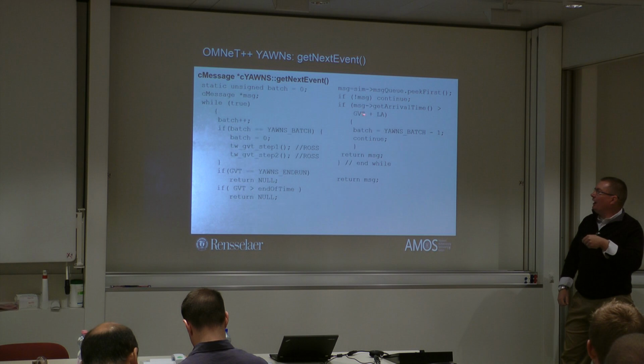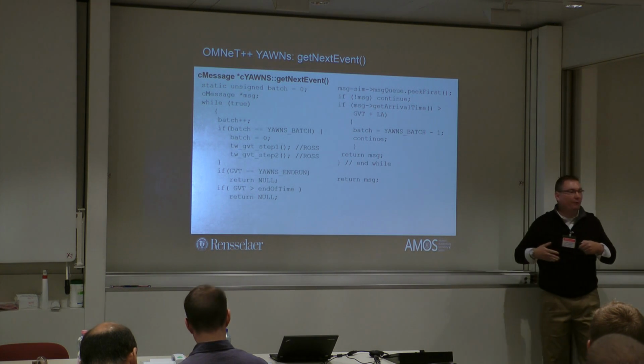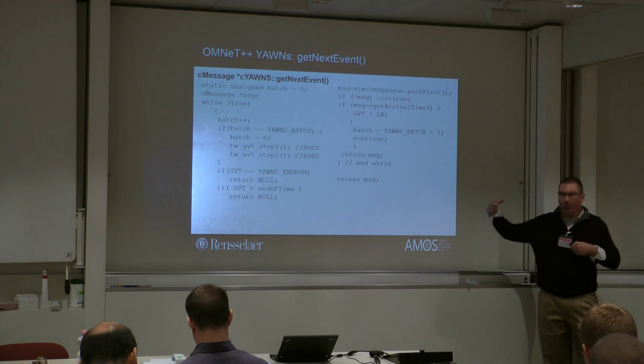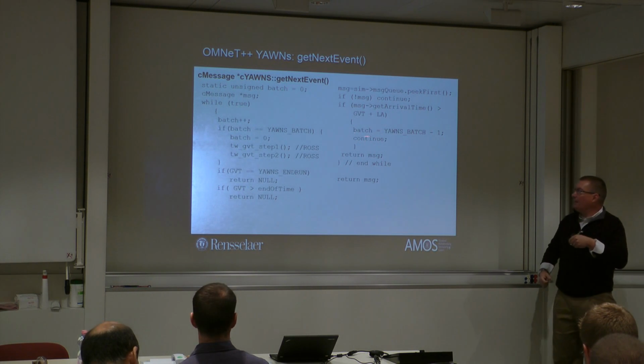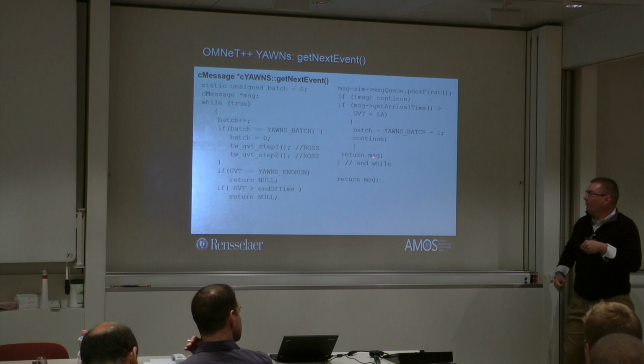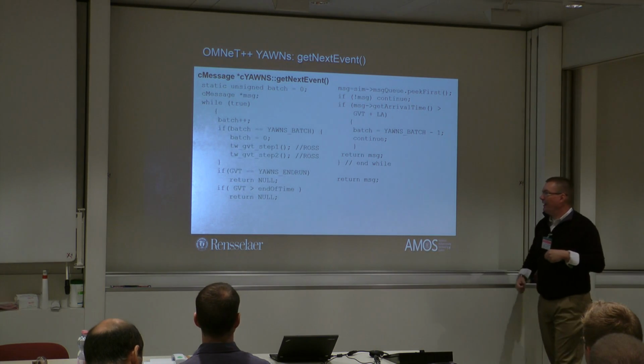Again, if the arrival time of your message is greater than your lookahead plus GVT, it means you've run out of events to process beyond the window. So let's force a GVT calculation here by resetting the batch parameter. Otherwise, we're allowed to return null, and that will be the event that gets processed by the system going forward.